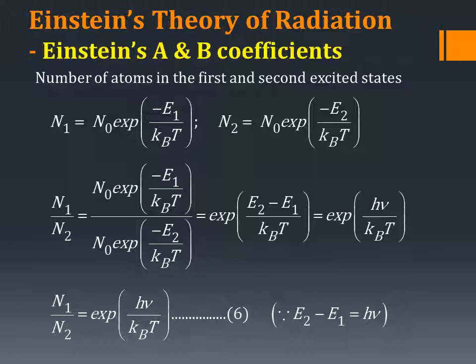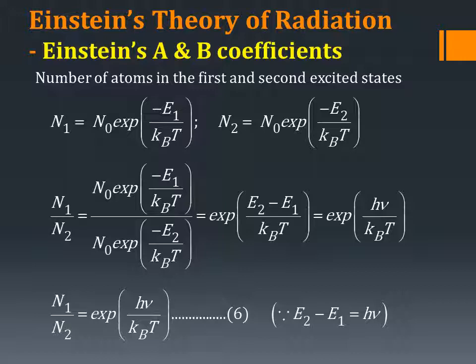We use the Boltzmann's distribution law and find expressions for N1 and N2, which are the number of atoms present in the first and second excited states respectively. N1 turns out to be N0 exp minus E1 divided by kBT, while N2 turns out to be N0 exp minus E2 divided by kBT. We substitute these two expressions of N1 and N2 in the ratio N1 by N2.